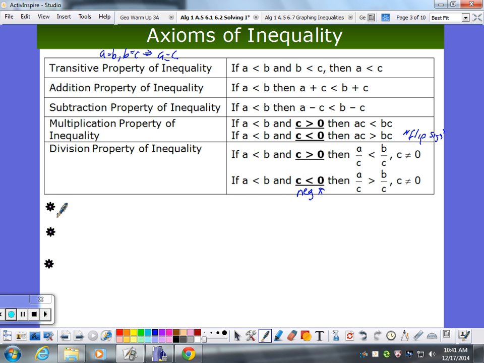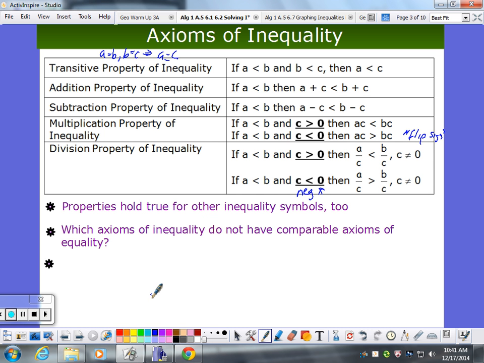Axioms of inequality. So we can justify steps with this too. This just means that these all work with greater than as well. Which axioms of inequality do you look here and do we not see that we have with equality? There are a couple of axioms of equality that are not here as axioms of inequality. Do you know which ones they are? Can you find them?